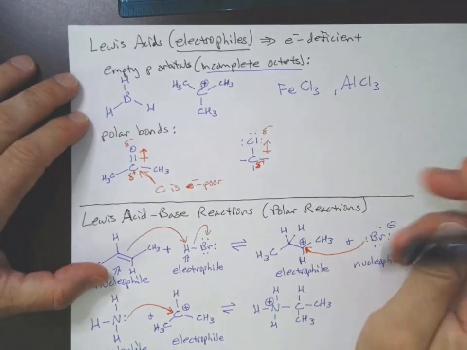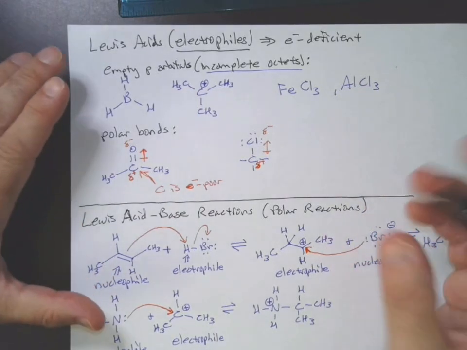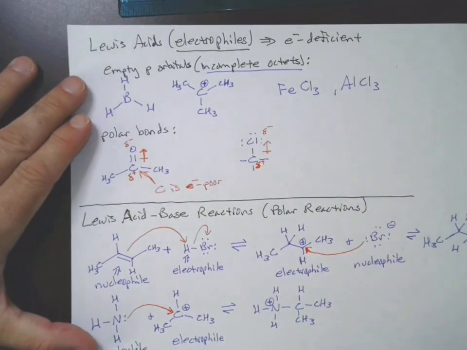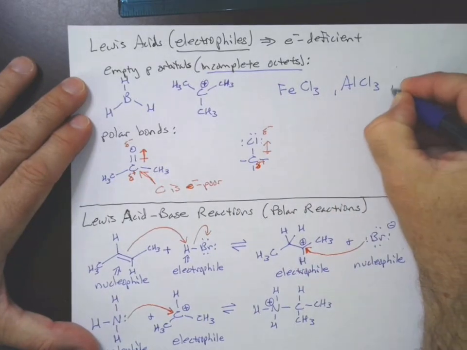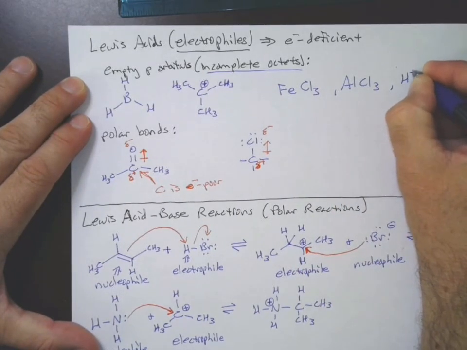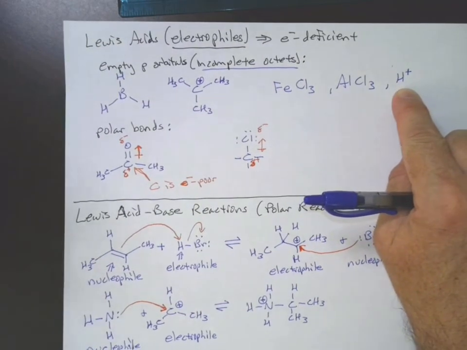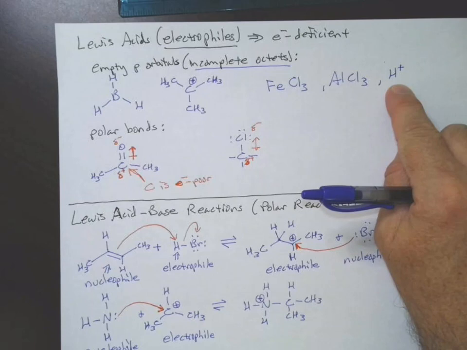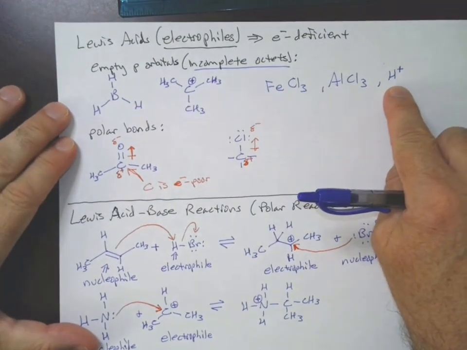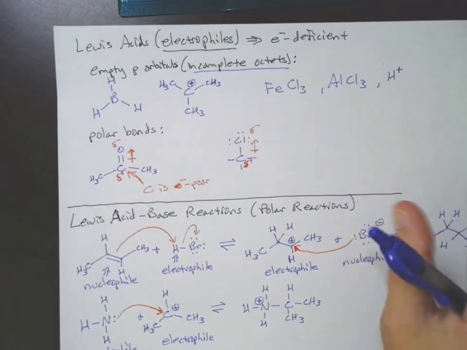Those are going to be Lewis acids. Protons are also, let me add that in here. So H plus, because that has an incomplete, well, duet in this case, because it's the duet rule for hydrogen, not the octet rule. So those are Lewis acids.